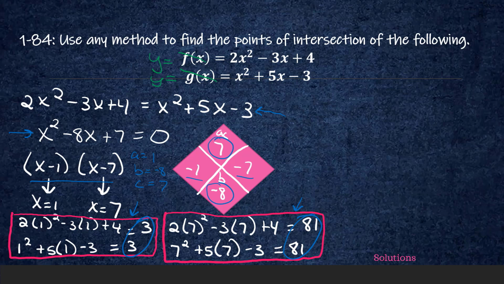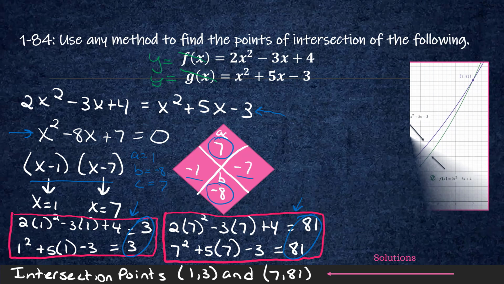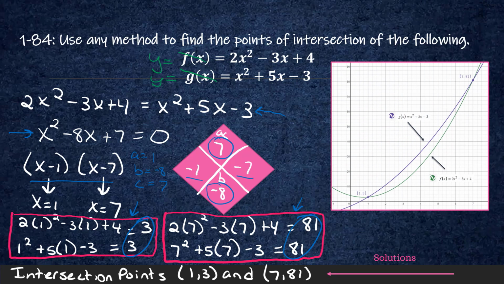So at 1, 3 and 7, 81, we're going to have intersections. Let's take a look at the graph. You will see here, if I circle that, there's your 1, 3 and your 7, 81, and that helps prove the intersection points for both. And let's move on.